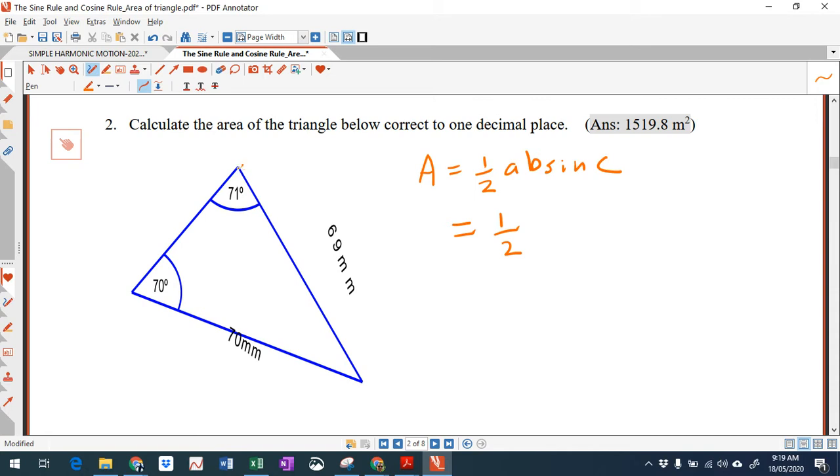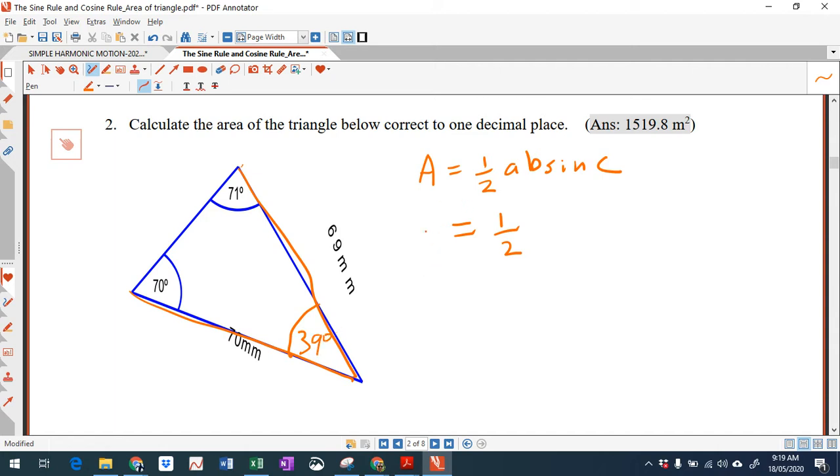So this side here is what you're given. And this side here is what you're given as well. Okay, so you need two sides and the angle between them. Now, we don't need the angle between them yet, but we can work it out. 70 plus 71 is 141. Subtract that from 180, and you're going to get 39 degrees.